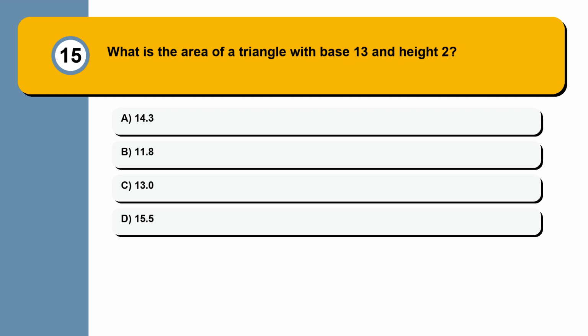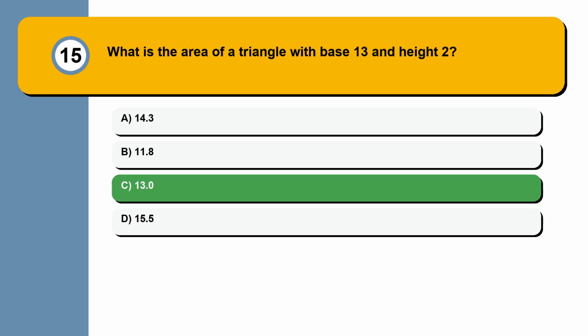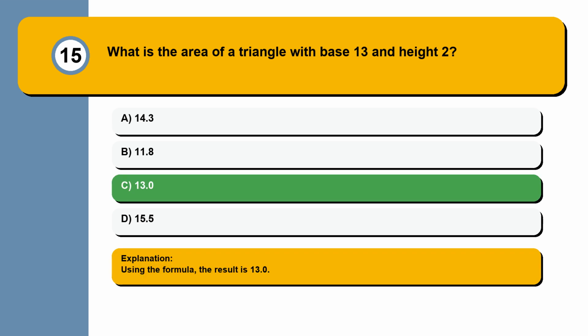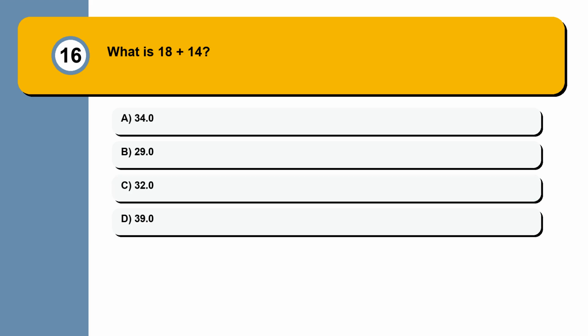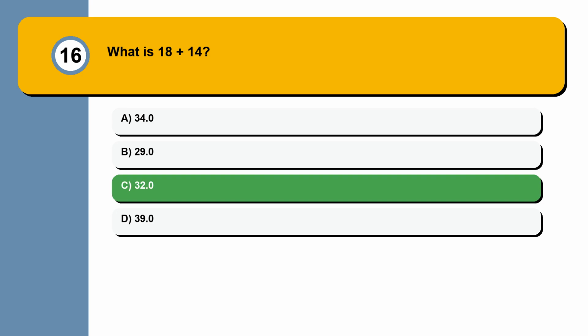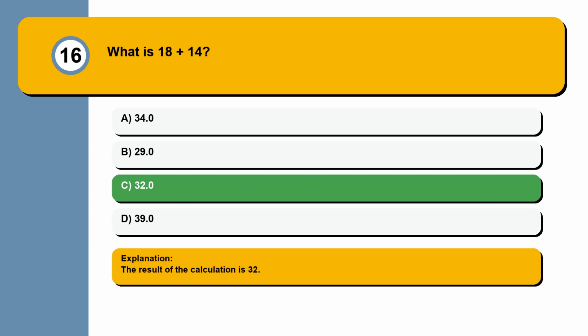What is the area of a triangle with base 13 and height 2? 14.3, 11.8, 13.0, 15.5. Using the formula, the result is 13.0. Question 16. What is 18 plus 14? 34.0, 29.0, 32.0, 39.0. The result of the calculation is 32.